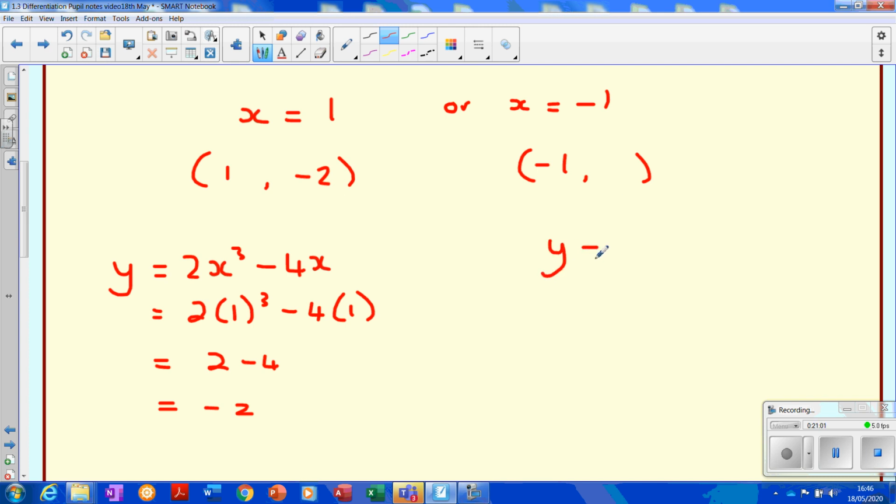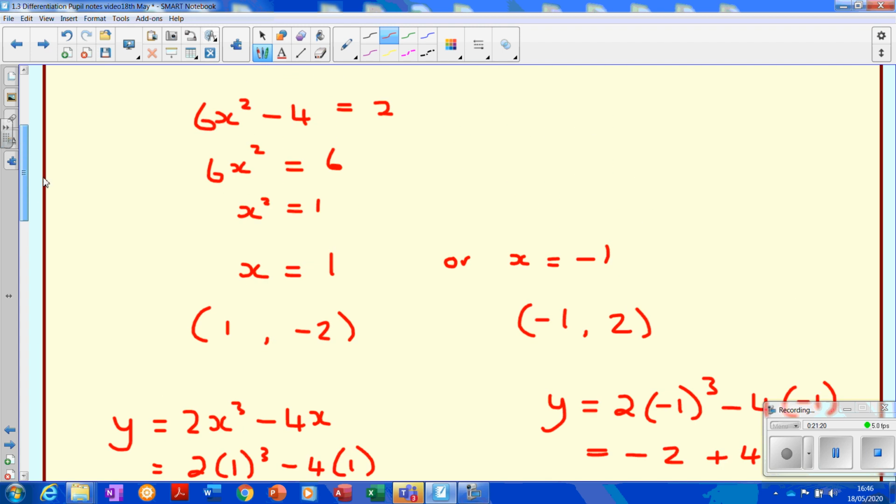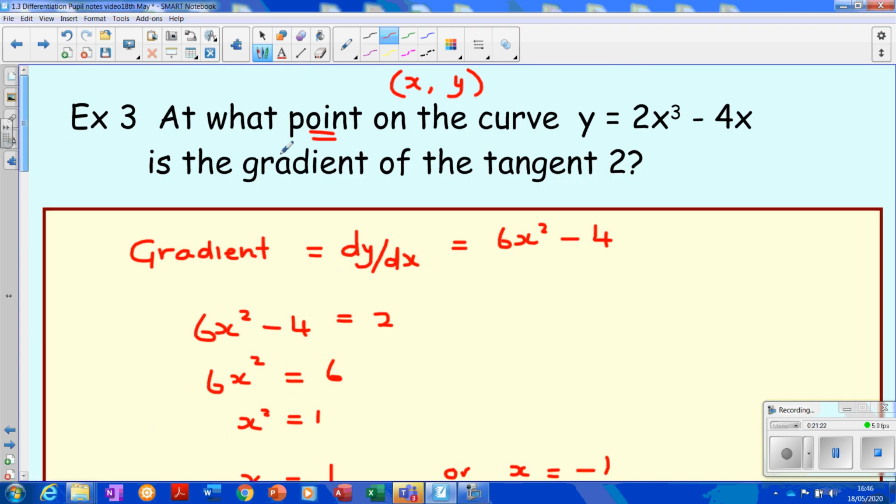And the other point is when x is equal to minus 1. So y is equal to 2 times minus 1 to the power of 3 minus 4 times minus 1. Minus 1 to the power of 3 is minus 1, times 2 is minus 2, and that gives me plus 4. So 4 take away 2 is 2. So there's actually 2 points on this curve where the gradient of the tangent was 2.